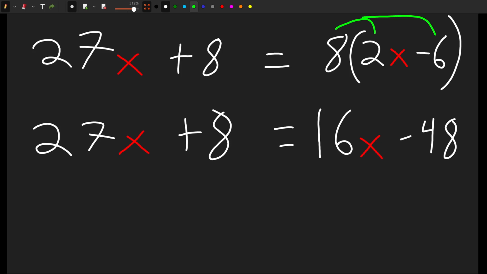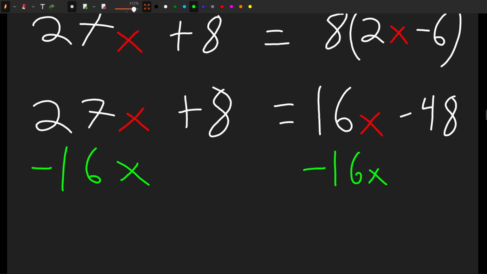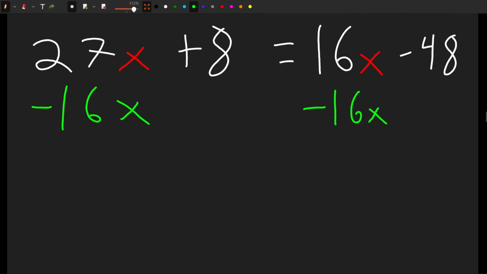Now here I'm going to move my variable from the right-hand side to the left-hand side. I always like to keep my variable term positive as much as I can. So I'm going to subtract 16x from the right-hand side and put it over to the left-hand side. You can also move 27x over to the right-hand side. You should get the same answer. If you want to check that on your own, you can, but it shouldn't matter. So 27x minus 16x gets me 11x.